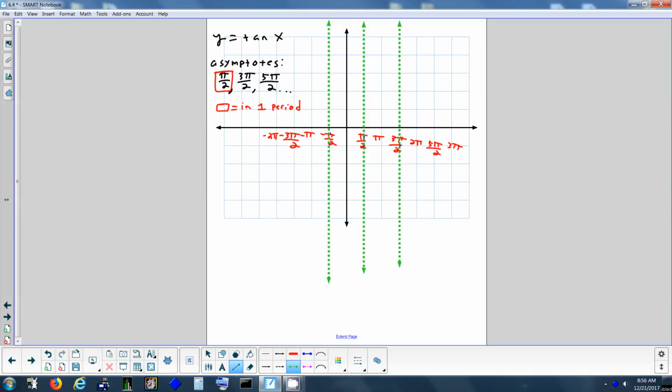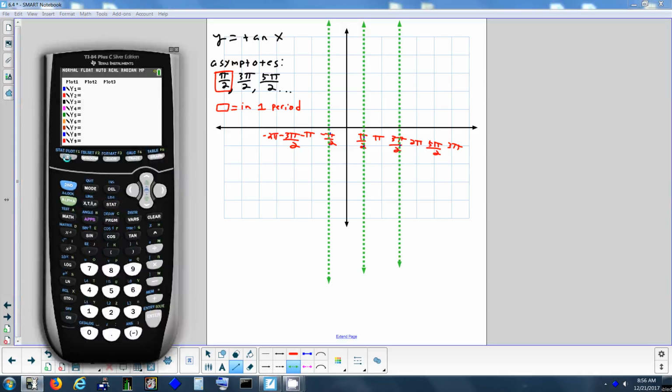Inside of the asymptotes is basically going to be one cycle, one period, one section of tangent. Okay? So if I sketch what's in between all of those asymptotes right there, I'm going to be sketching 2 cycles. All right, so let's put in tangent.